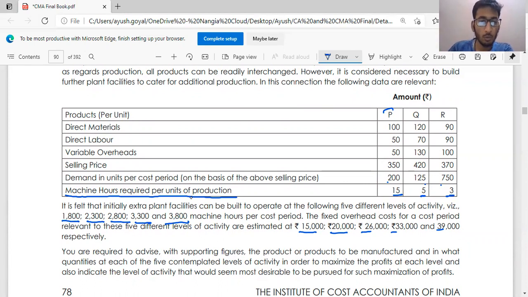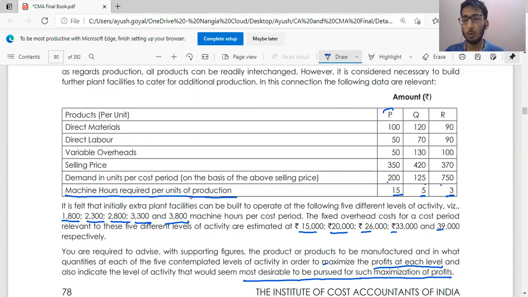Okay, so you are required to advise with supporting figures the product or products to be manufactured and in what quantity at each of the 5 contemplated levels of activity in order to maximize the profit at each level. And also indicate the level of activity that would seem most desirable to be pursued for such maximization of profit.